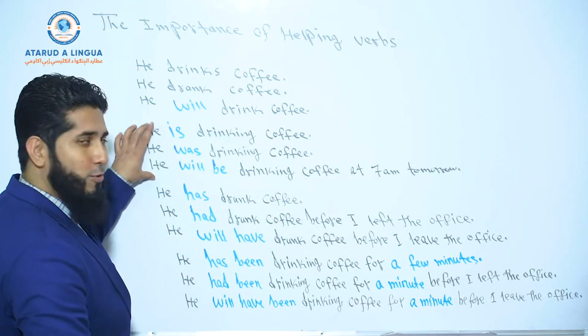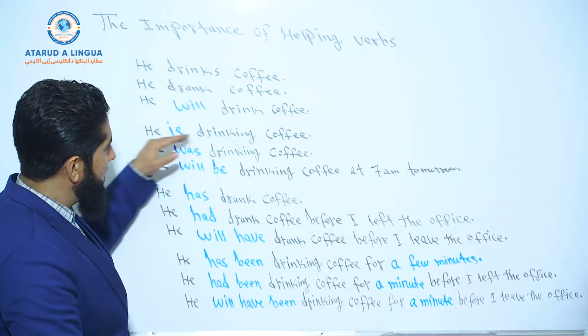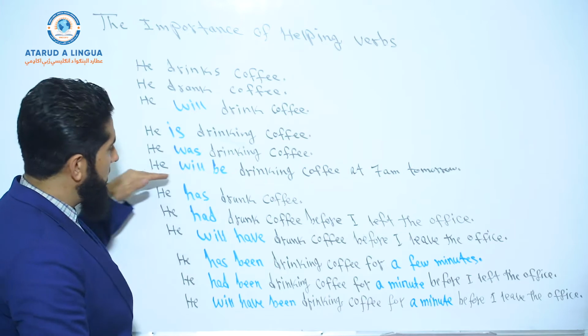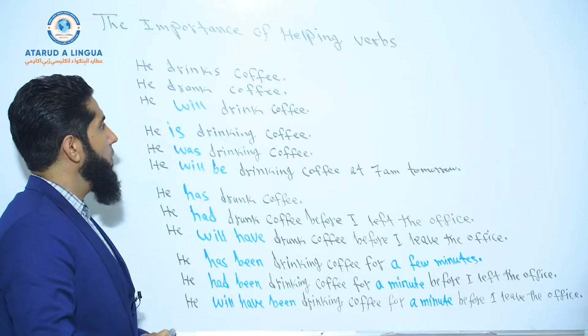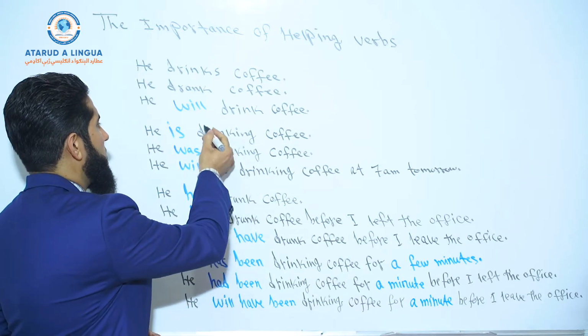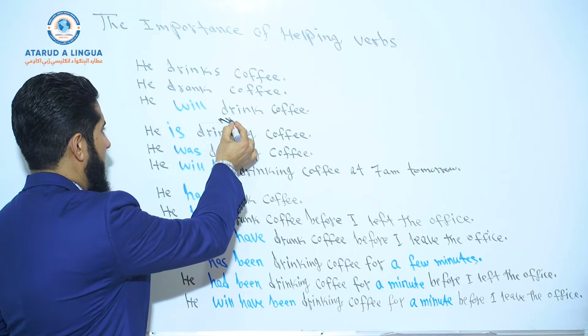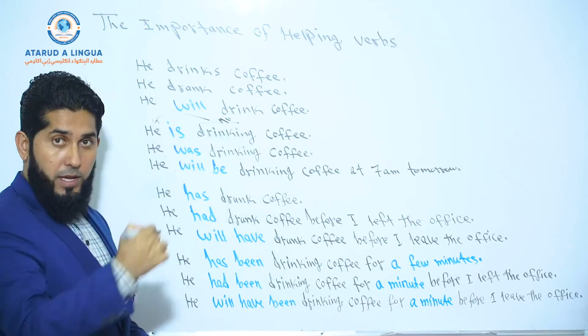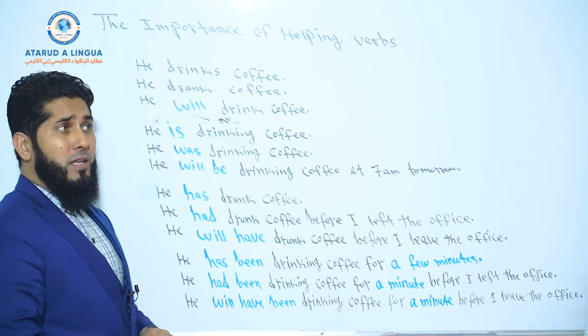And now look at these three simple continuous tenses. He is drinking coffee, he was drinking coffee, he will be drinking coffee at 7 a.m. tomorrow. So, drinking shows the action of the subject because it is an action verb. But why is the to be verb here?